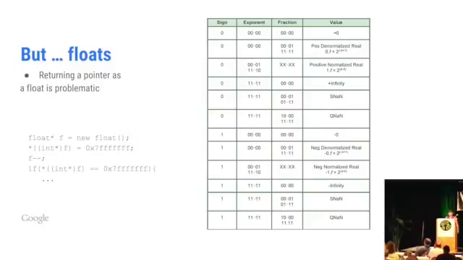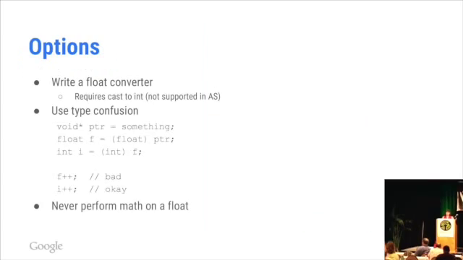So there were a few things I thought I could do here. I started off by writing a float converter. Been there, done that, got the off-by-ones. And then I discovered that this actually wasn't possible because in most script interpreters, including ActionScript, there's no casting a float to an int. So if something's a NaN, you can never really tell what's inside the NaN. So I ended up using type confusion to solve this problem.